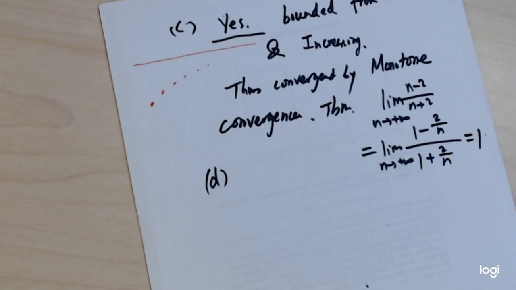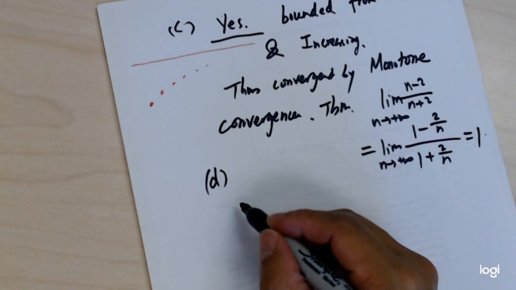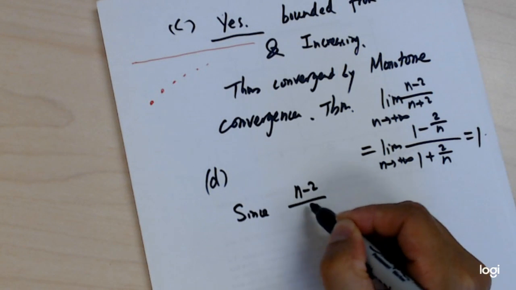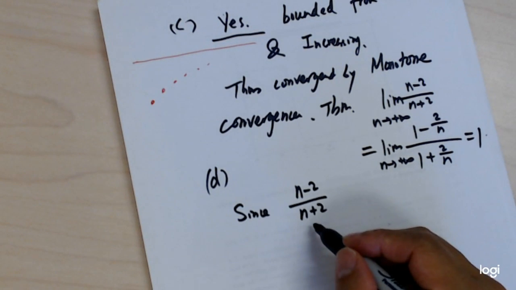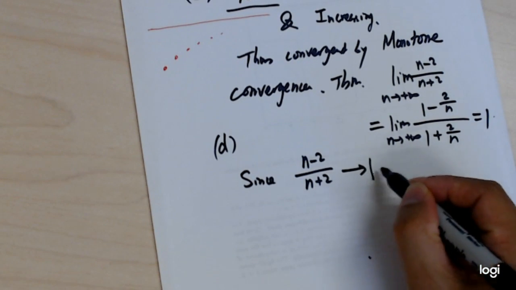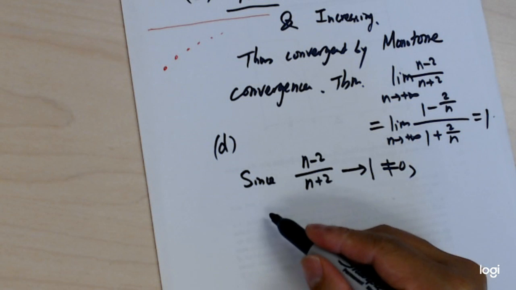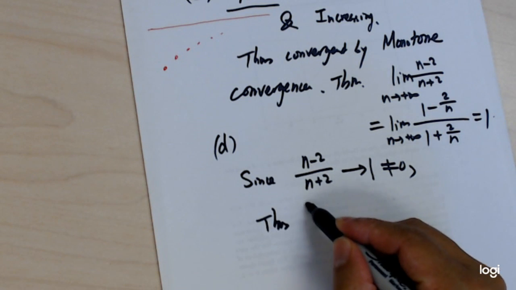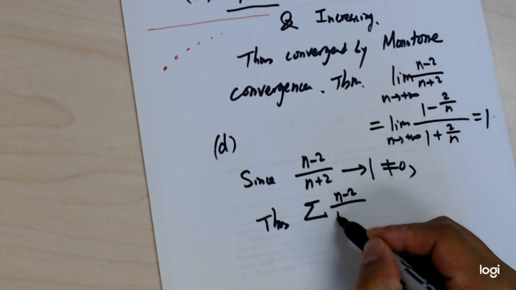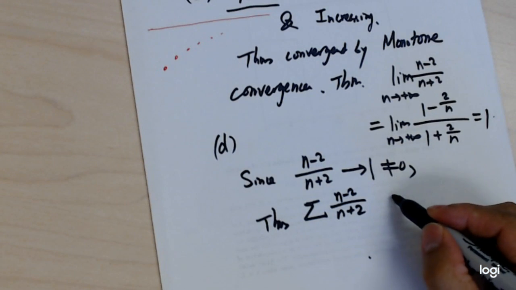Is the corresponding series convergent or divergent? Explain why. Since the term in the series, so that's the term in the series, this guy goes to 1, which is not 0. Thus, this infinite series diverges.